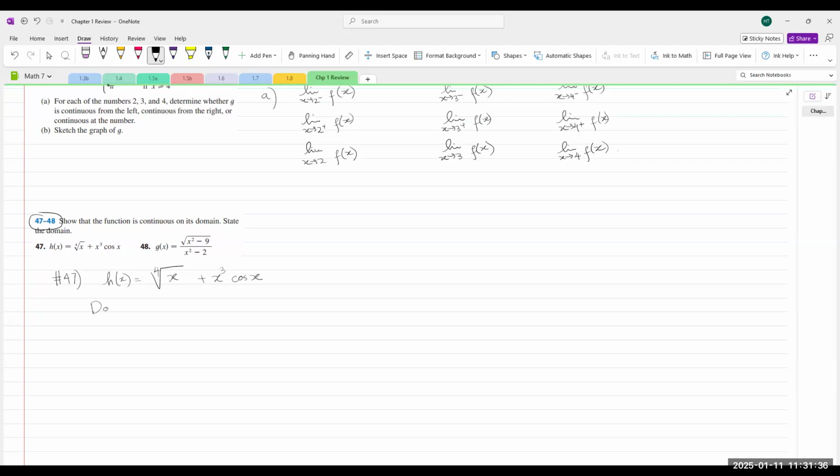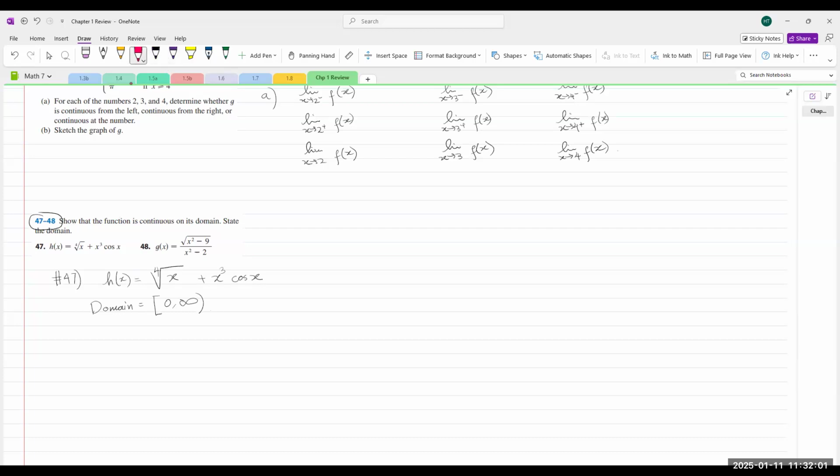The domain is including 0, but not negative, because fourth root, right? That's from 0, including 0, to infinity. Okay, that's the domain. What we need to now show is that it is continuous in the interior.